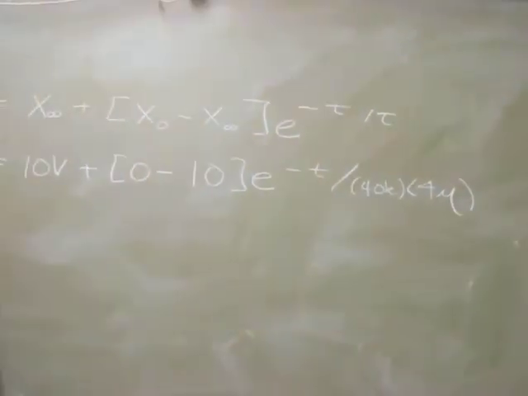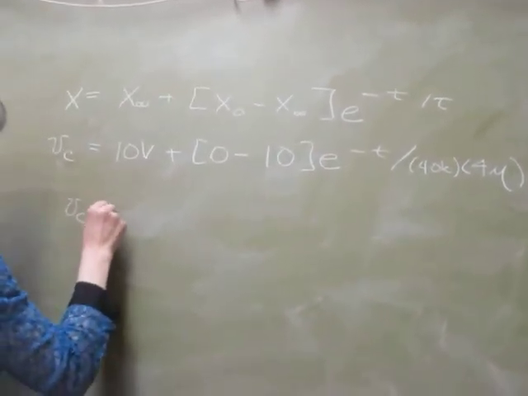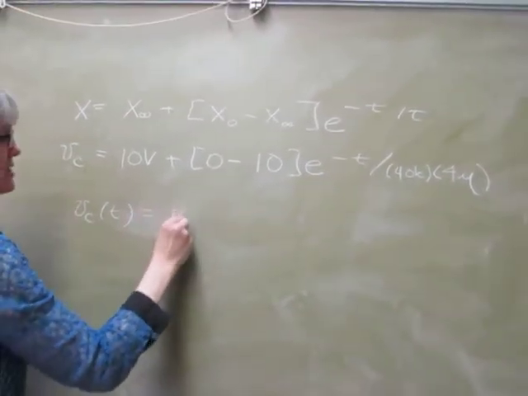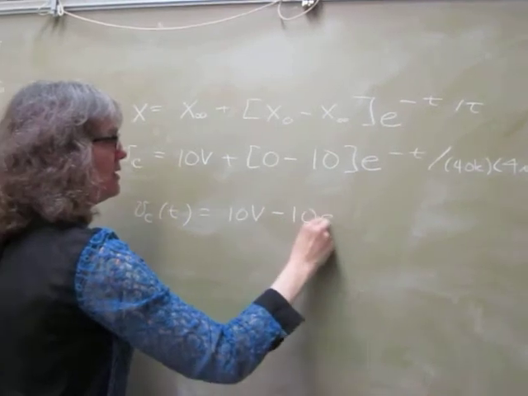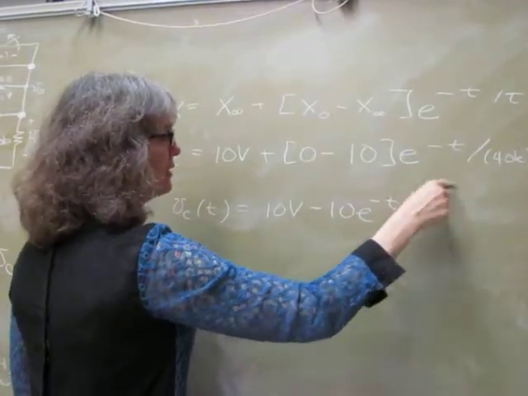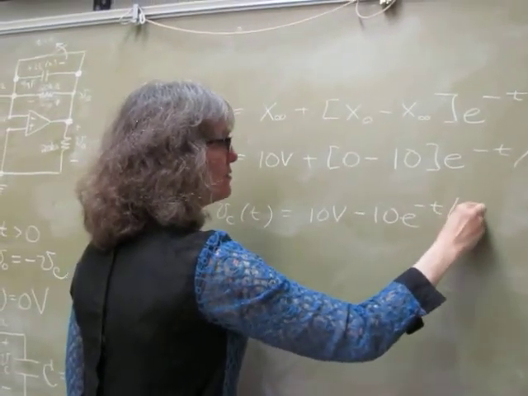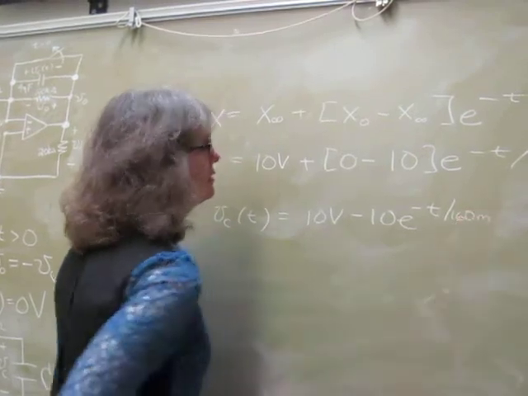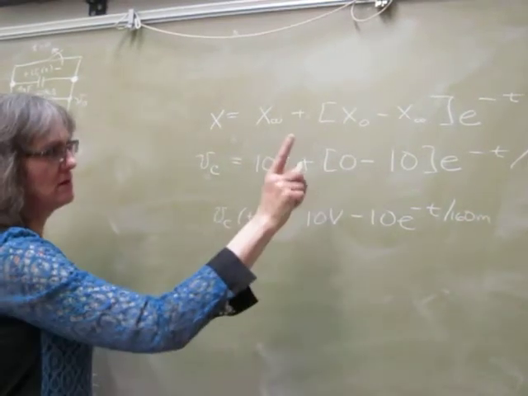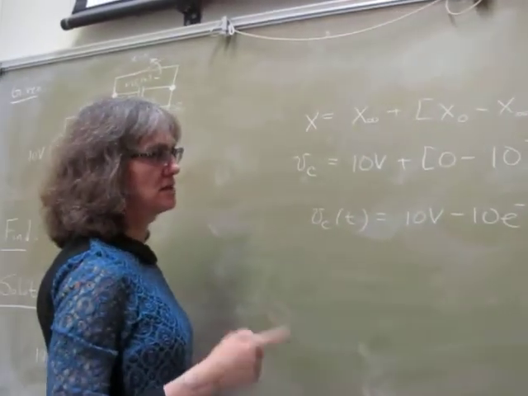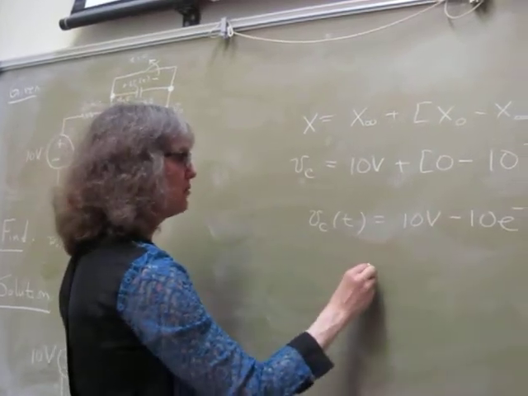So the answer for the capacitor voltage is 10 volts minus 10 e to the minus t over 160 milli, because 10 to the third times 10 to the minus 6 is 10 to the minus third, so that's where that milli comes from.